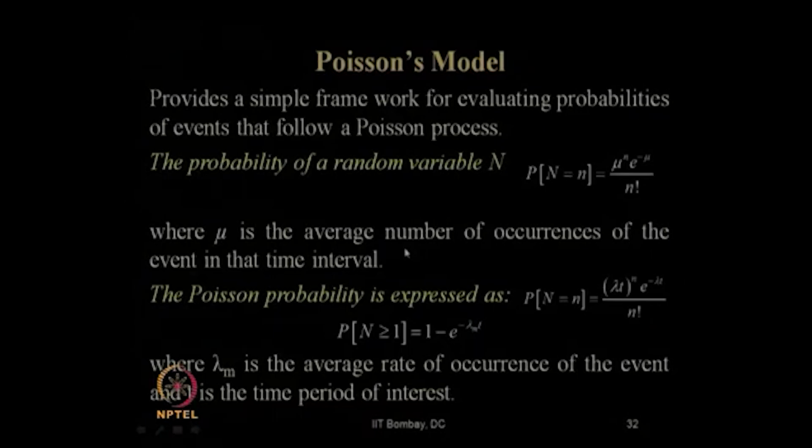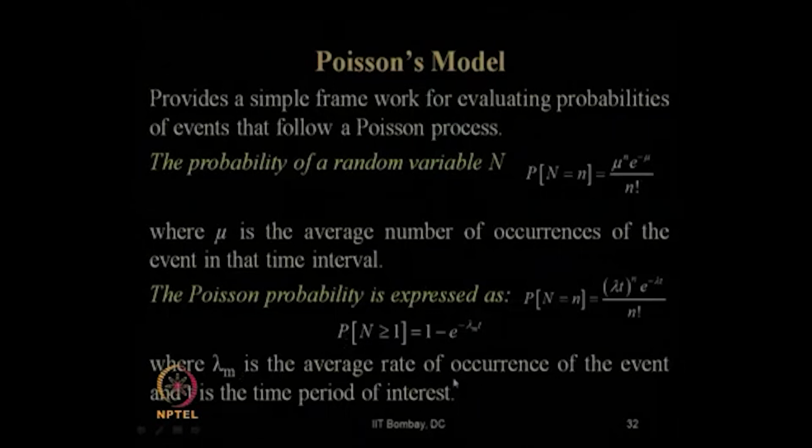In our earthquake engineering, if we have the average rate of occurrence of an earthquake event, lambda m, which we have already used, then that times the time period t, which you select for your computation, gives you nothing but the average number of occurrences of that event, isn't it?